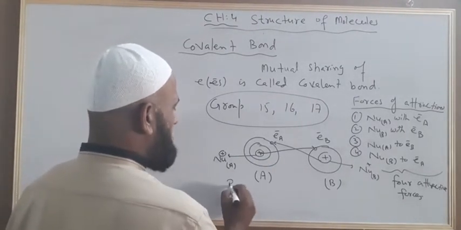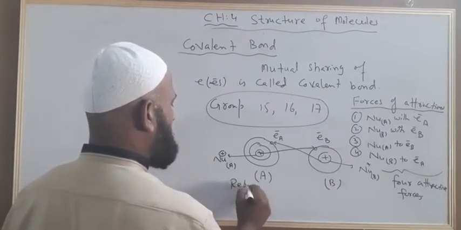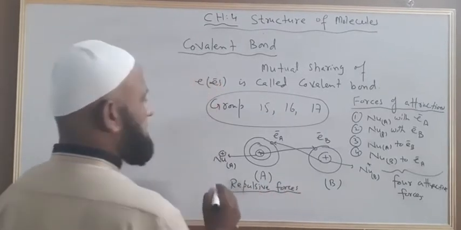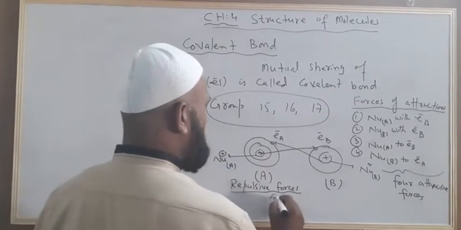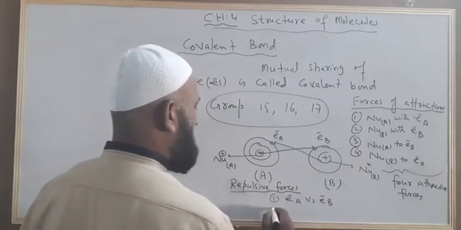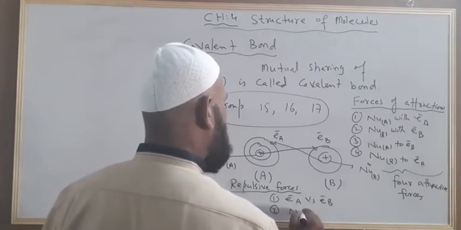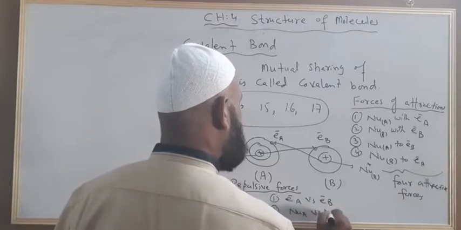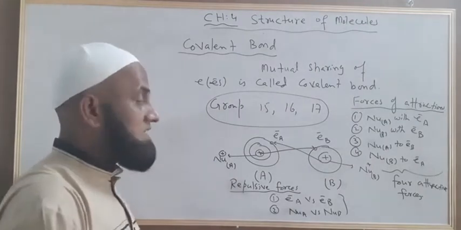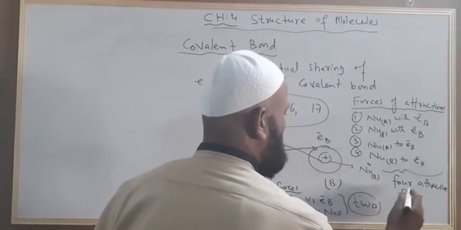First, between Ea and Eb, and second, nucleus of A versus nucleus of B. So there are two forces of repulsion and four forces of attraction.